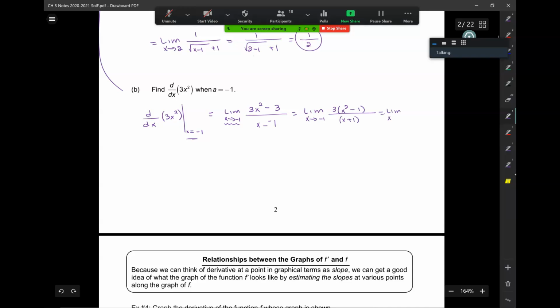And you know we can factor that some more: 3 times x plus 1, x minus 1, all over x plus 1. So now I have the limit as x approaches -1 of 3 times x minus 1. Now I can plug in my -1. So eventually I get -6. So all of that is equal to -6.